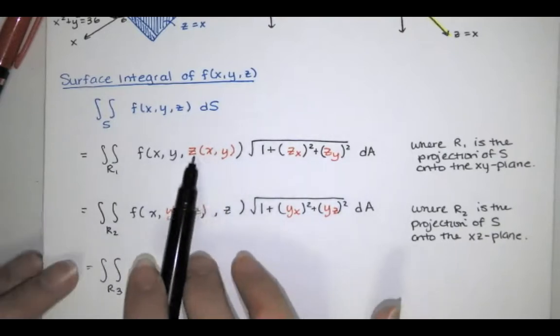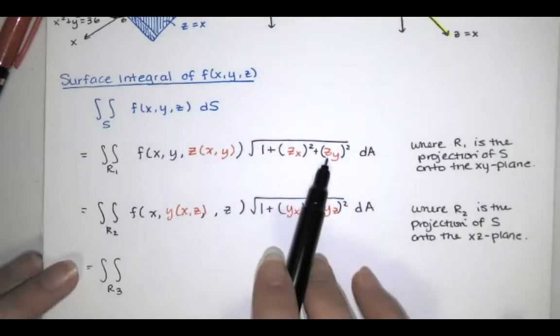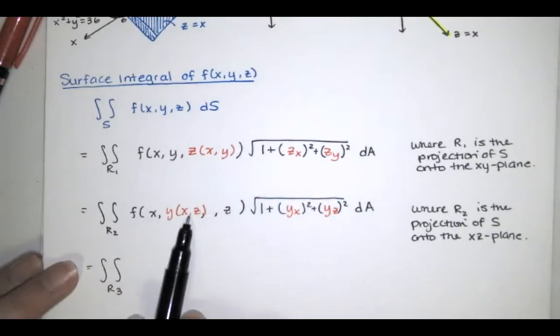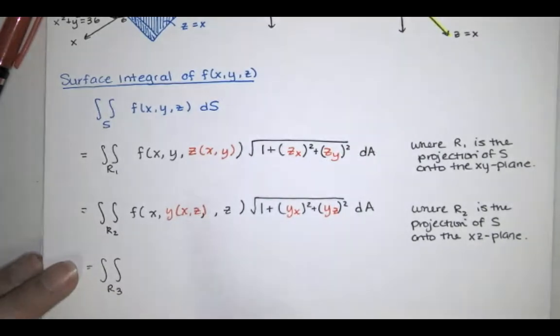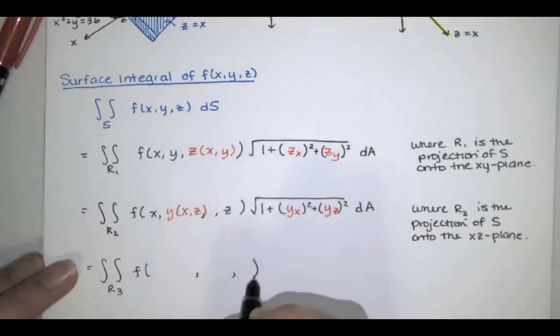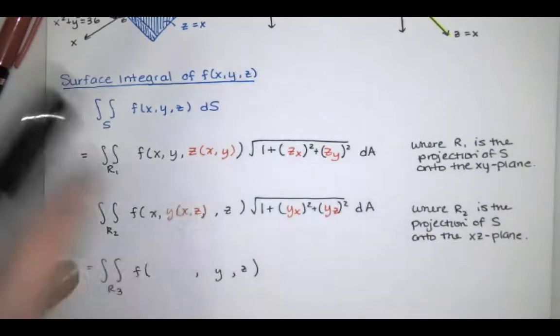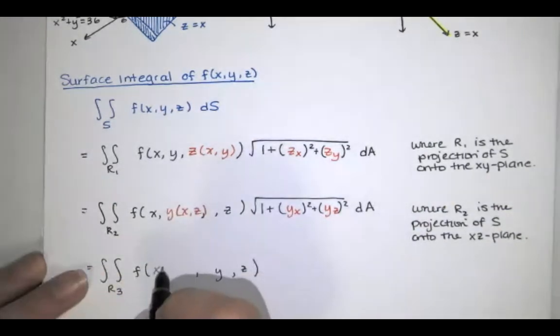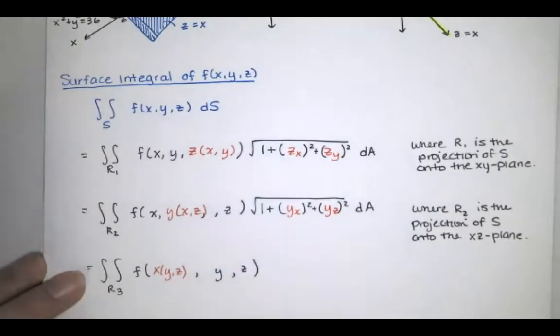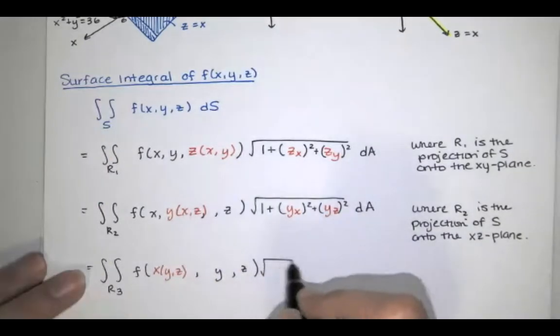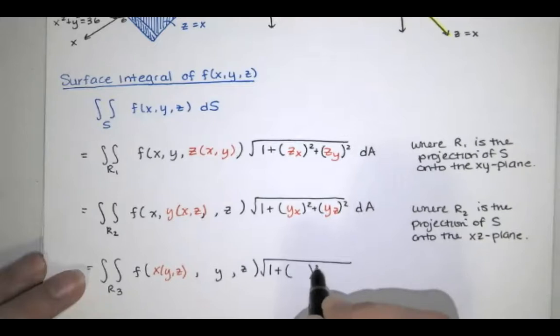We could write z as a function of x and y and write everything in terms of x and y. We could write y as a function of x and z and write everything in terms of x and z. Or we could write x as a function of y and z. So we could write our entire integral in terms of y and z. And then the surface area piece would be this.